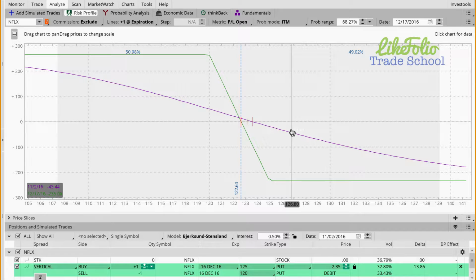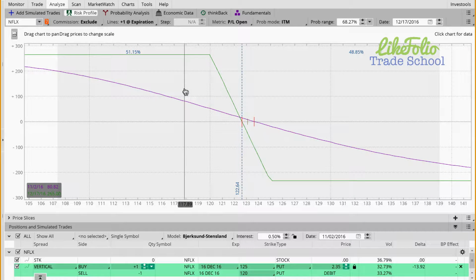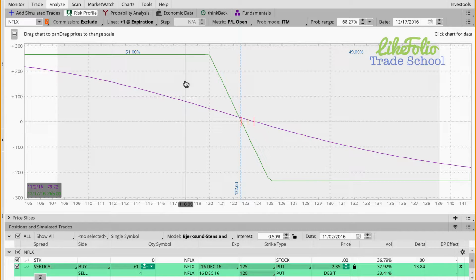Well, this one we have 235 risk, 265 reward, and only 1% differential, 2% differential here in our probabilities. So pretty much 50-50 coin flip, but we get risk less to make more. Just slightly. So we have a little bit of edge going on in this particular trade. Just a touch. Nothing real significant.